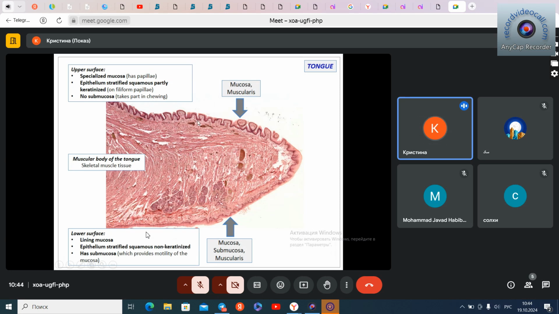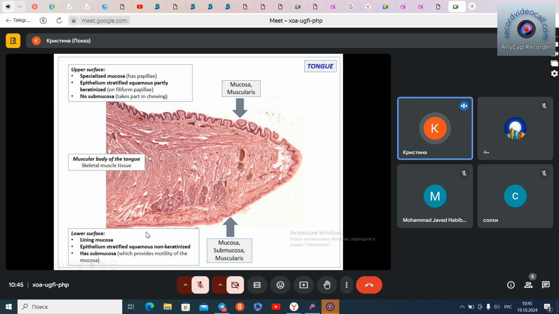Such type of mucosa is called specialized because it is specialized for the function of tasting of food, because the papillae, 3 of 4 types, contain taste buds that act as the receptors, which help us to feel the taste of food. Epithelium here is stratified squamous, partly keratinized, because it is keratinized on the filiform papillae. And here we have no submucosa, and lamina propria mucosa is firmly connected to the muscular body of the tongue.